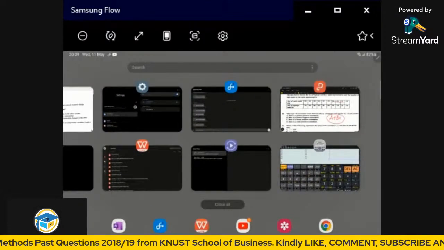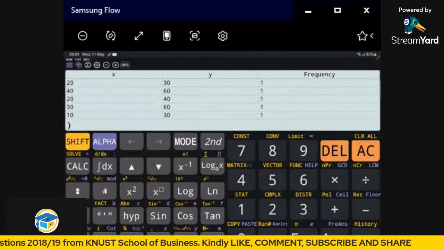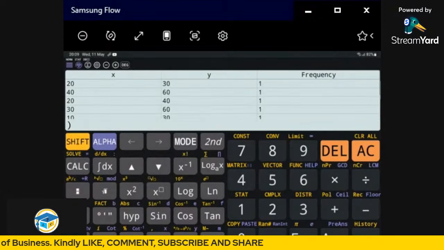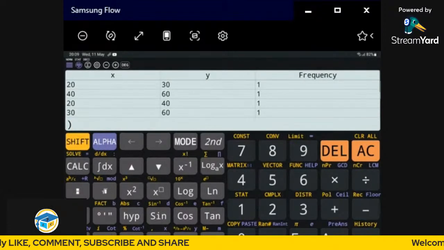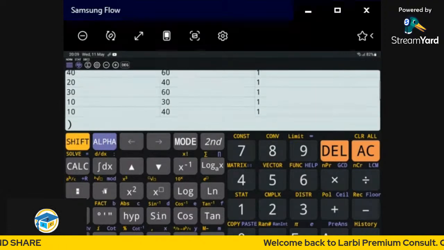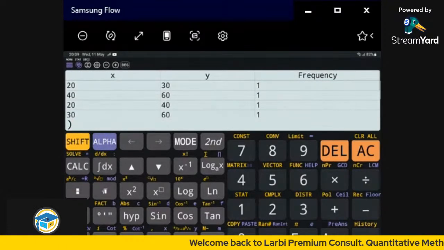So let's get back to our calculator. Once you're able to fill the table for column X and column Y, you press AC on your calculator.